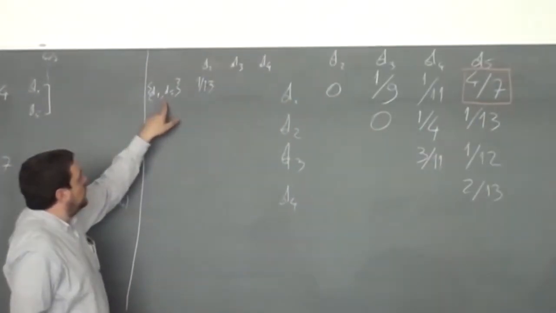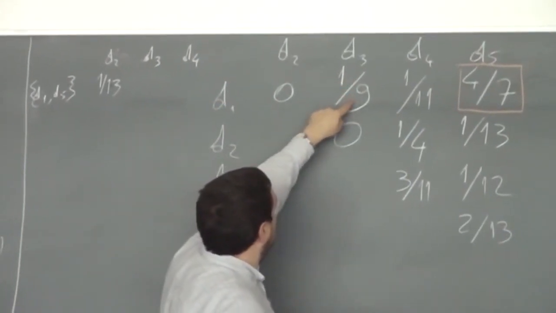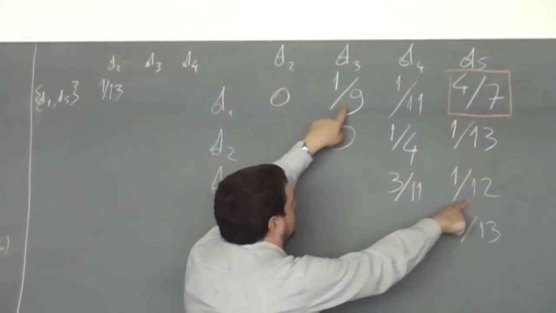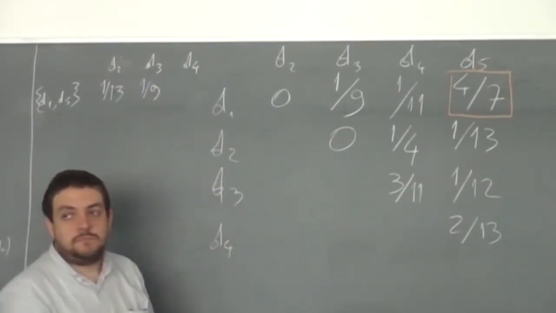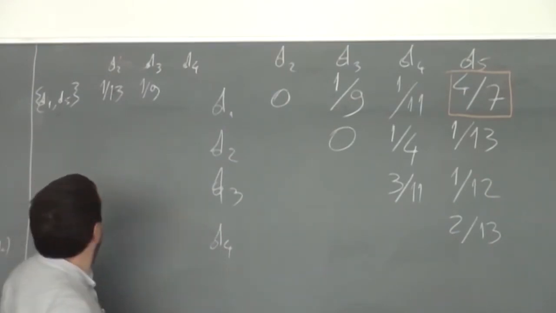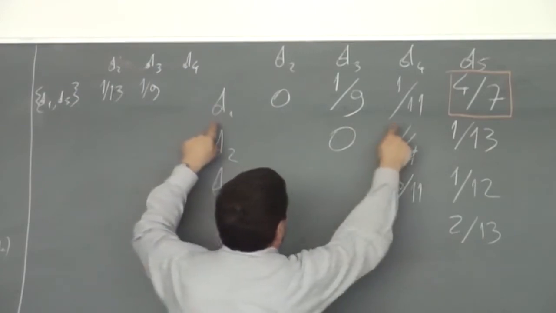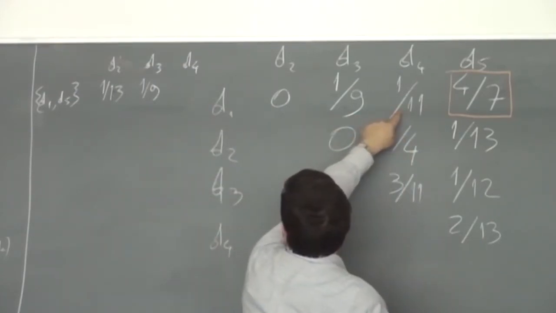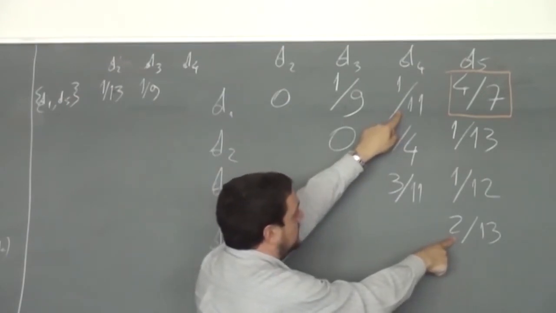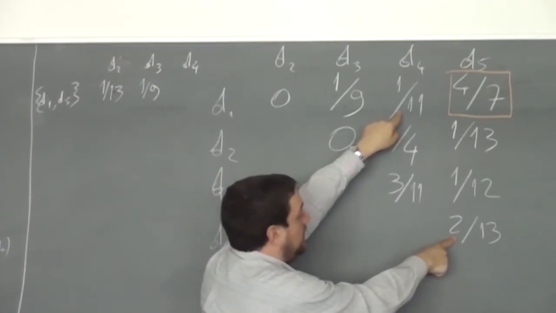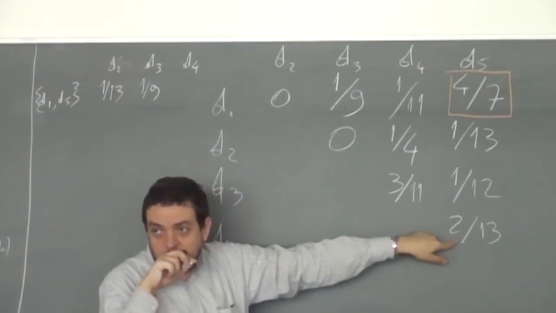The similarity between D1, D5, and D3 is the maximum between 1 over 9 and 1 over 12, so it's 1 over 9. And finally, the similarity between D1 and D4 is 1 over 11, and the similarity between D5 and D4 is 2 over 13. The largest is, of course, 2 over 13.